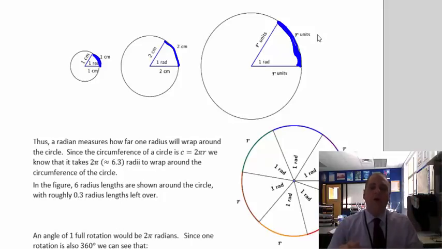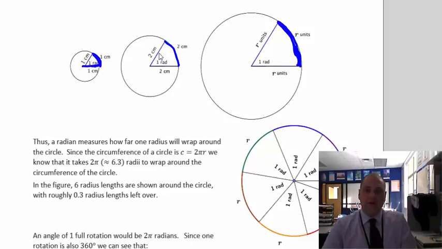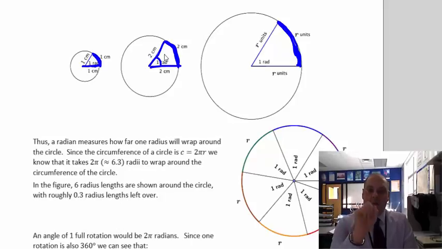So when the length of the radius is equal to the length on the arc, that's 1 radian measure. You see how this is 2, and this is 2, and this is 2? That angle there is 1 radian. This is r, obviously, and this is r.